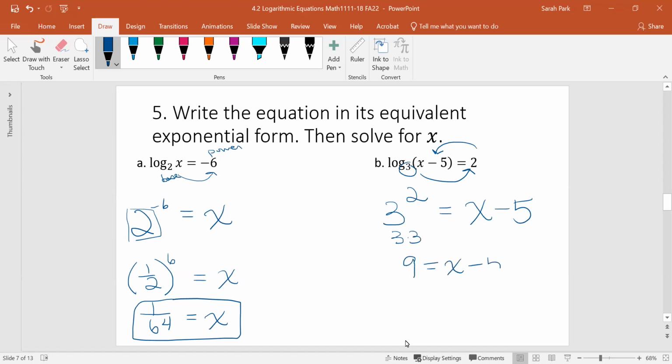We set that equal to x minus 5. And then we're going to solve for x by adding 5 to both sides, and x is equal to 14. You can also check your answers using the calculator by plugging it back into the original equation.